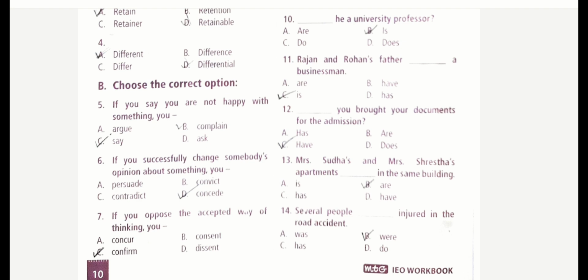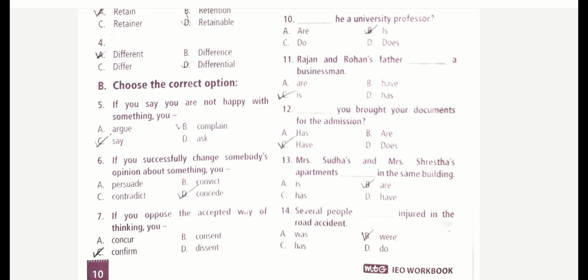So question number 7 is, if you oppose the accepted way of thinking, what you're doing? You are dissenting. Dissent is the correct answer. So when we oppose the accepted way of thinking, we are dissenting. Okay. Also understand the other word meanings. The meaning of concur is to agree or to be in harmony with a particular opinion or viewpoint.